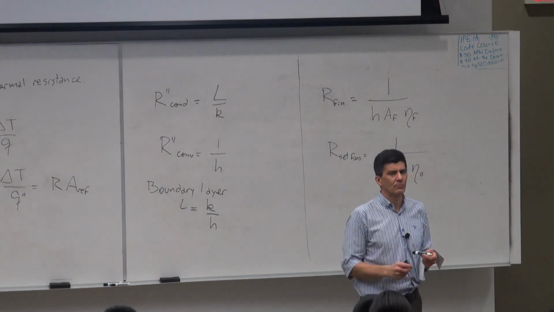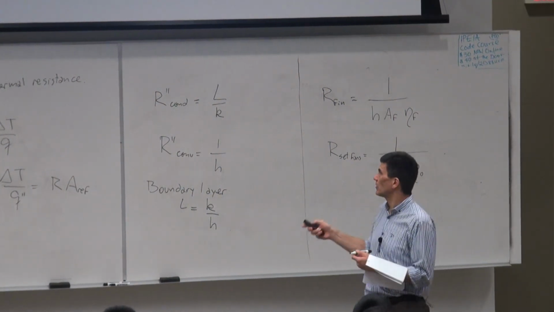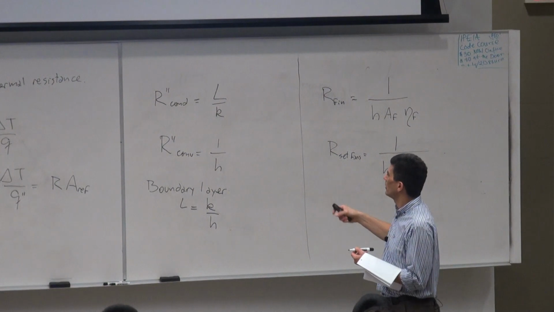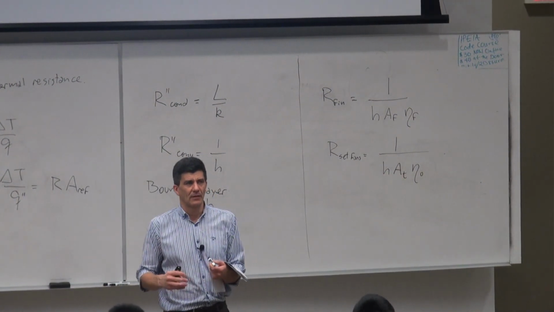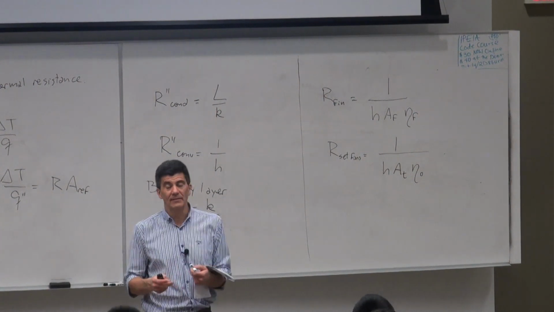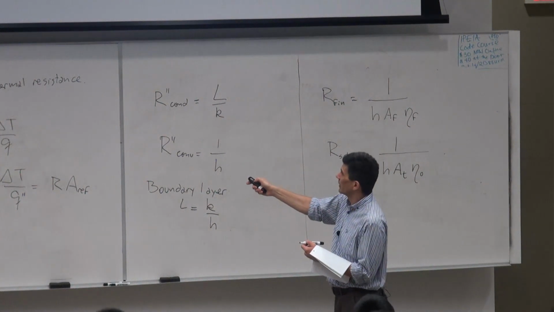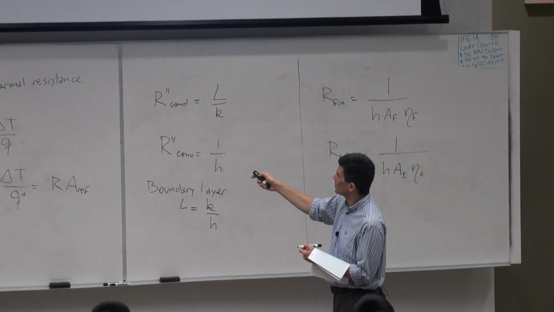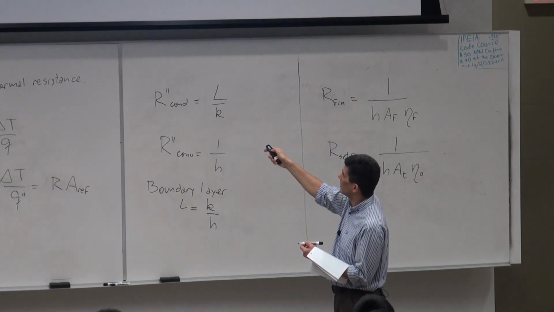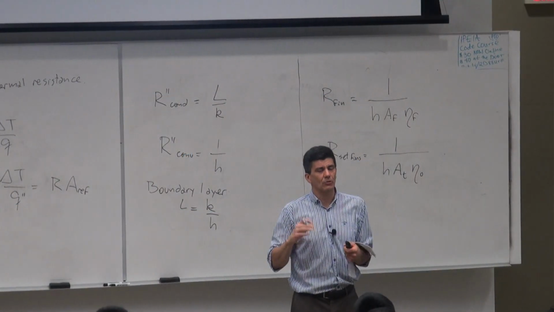I'm not going to worry too much about that right now, but I wanted to show you, that's all I'm doing at this stage. I'm showing you how, even if you have a geometry as complex as a set of fins, you can calculate it very easily with no differential equations, no nothing, by plugging and chugging, right? This is the area of one fin, this is the total area. This is the efficiency of one fin that is tabulated here. So with this, you can do many calculations.